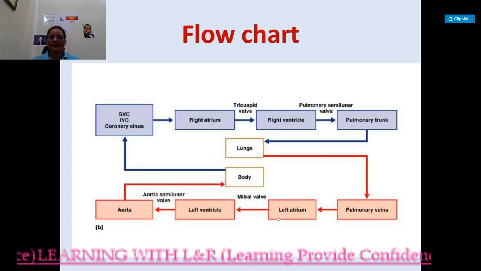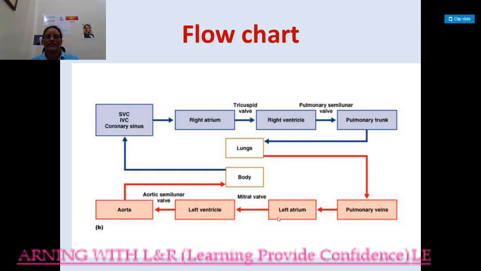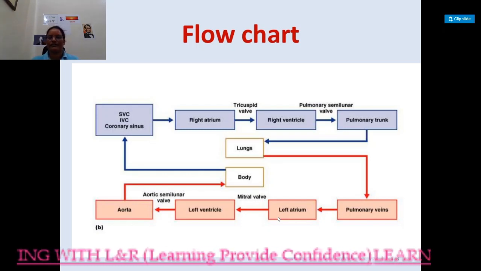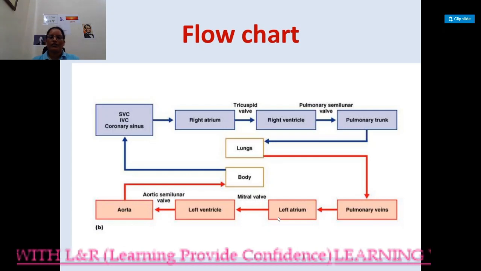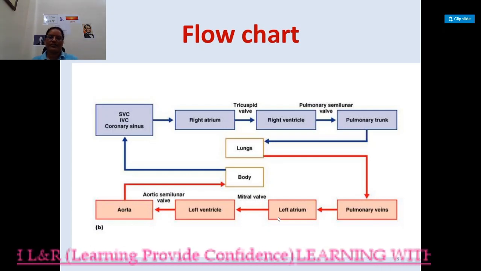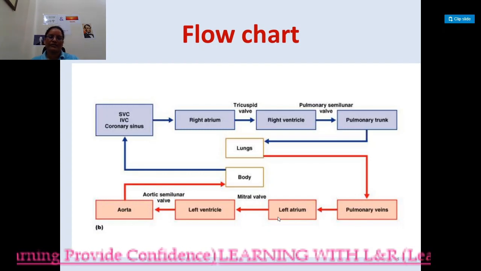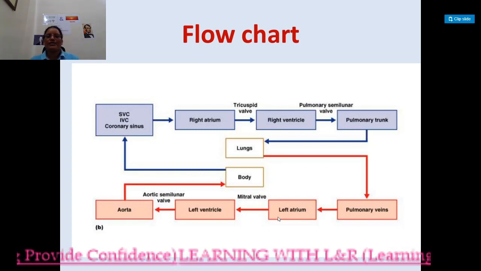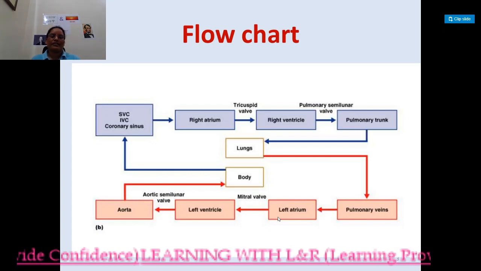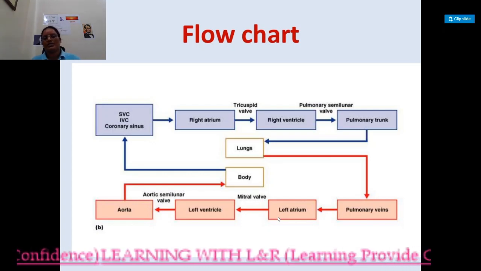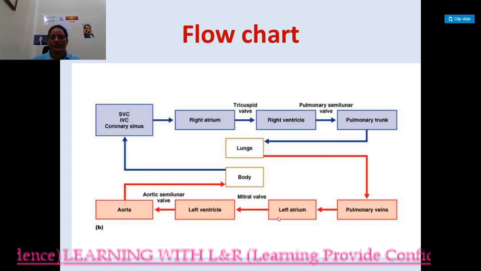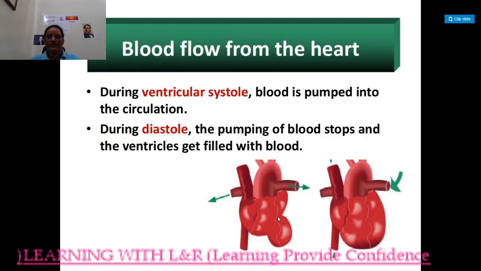Here it gives carbon dioxide to the lungs, and the lungs give oxygen to the blood. With the help of the pulmonary vein, blood again reaches the left atrium, and from there the left ventricle with the help of the mitral valve. After that, the aorta receives the blood to give into the systemic circulation for the whole body. I hope this is clear.